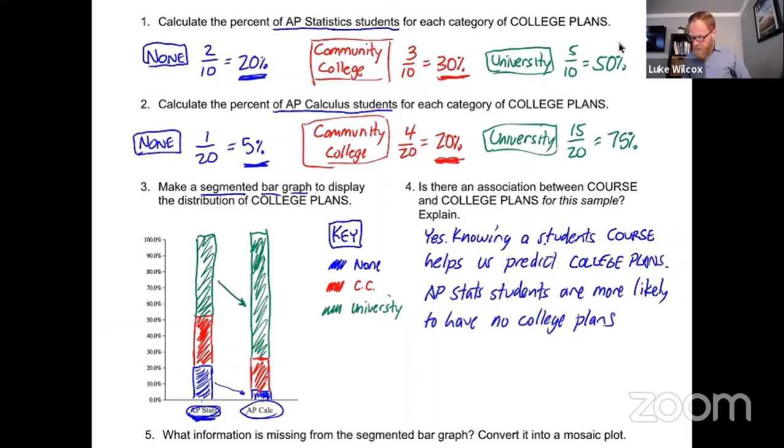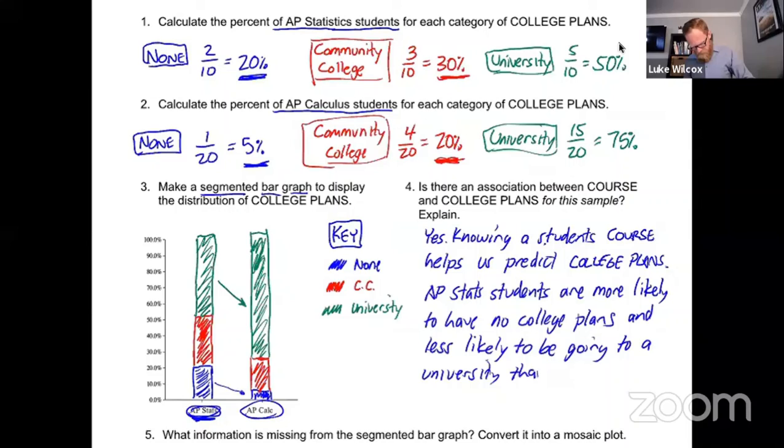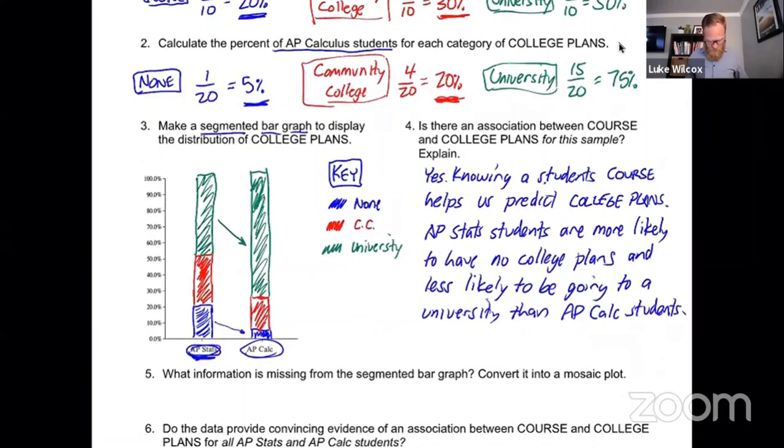So we're going to say, and less likely to be going to university than AP Calc students. So we've provided further evidence of why we do in fact think that there is an association between those two variables. Now that takes us to question number 5.